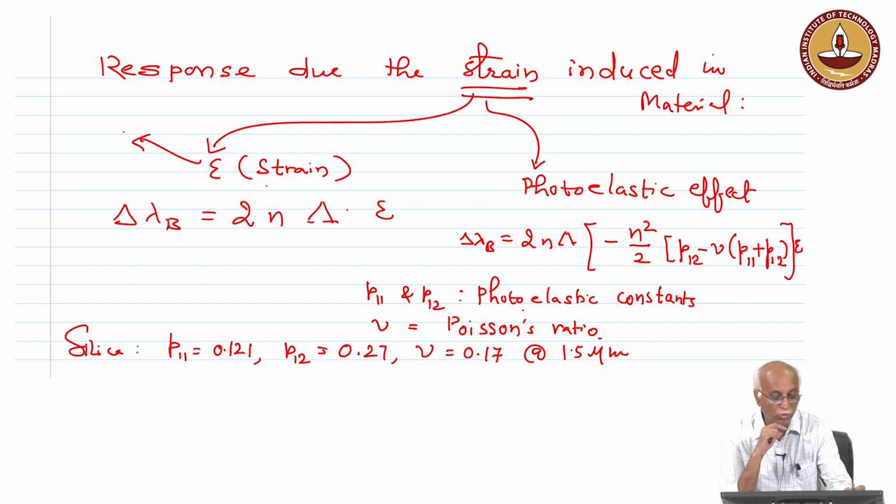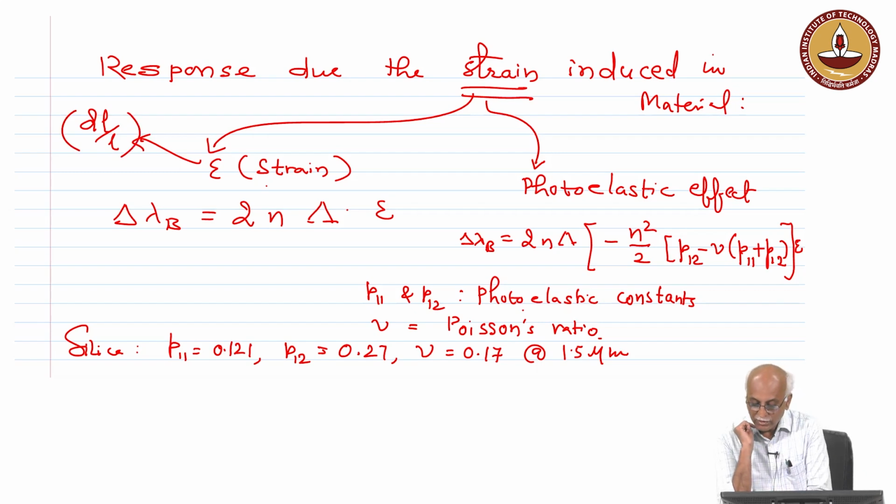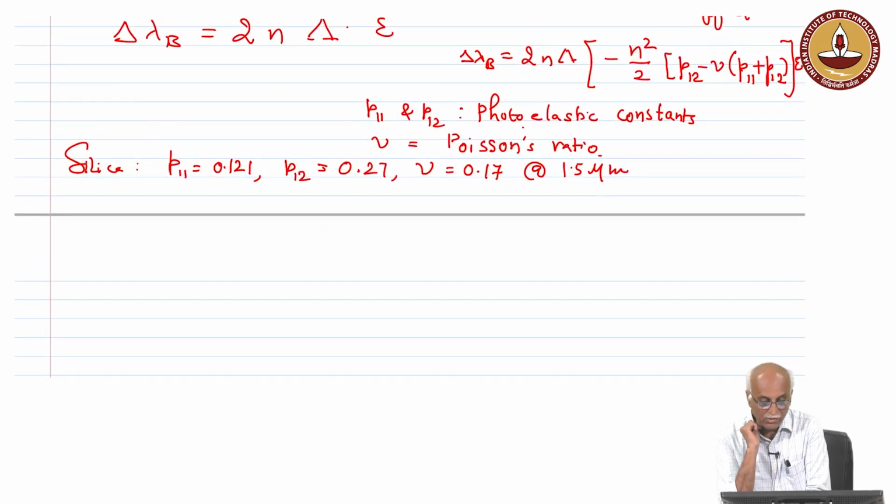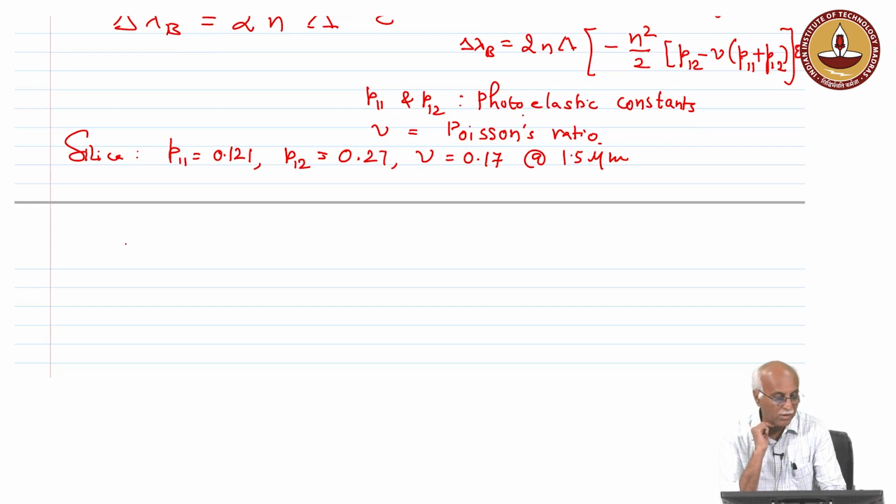Strain, as you know, is defined as the small change in the length with respect to the initial length. Sometimes the strain is expressed in terms of micro strain. What is the relationship between strain and micro strain? Micro strain is basically strain into 10⁶.